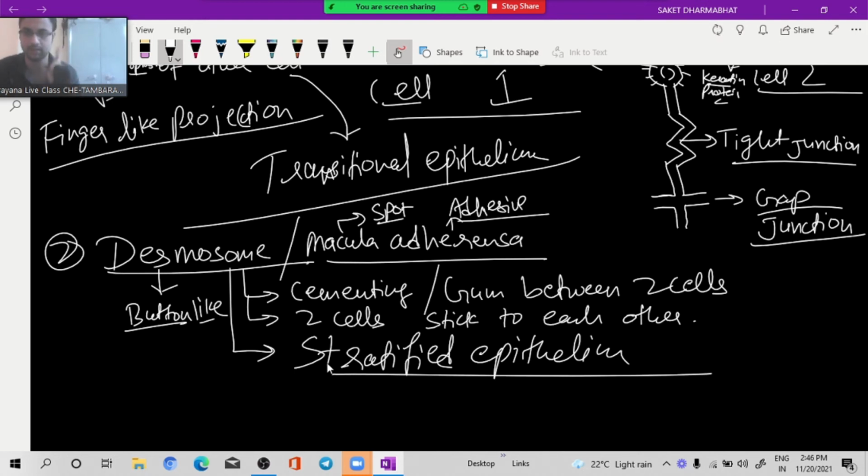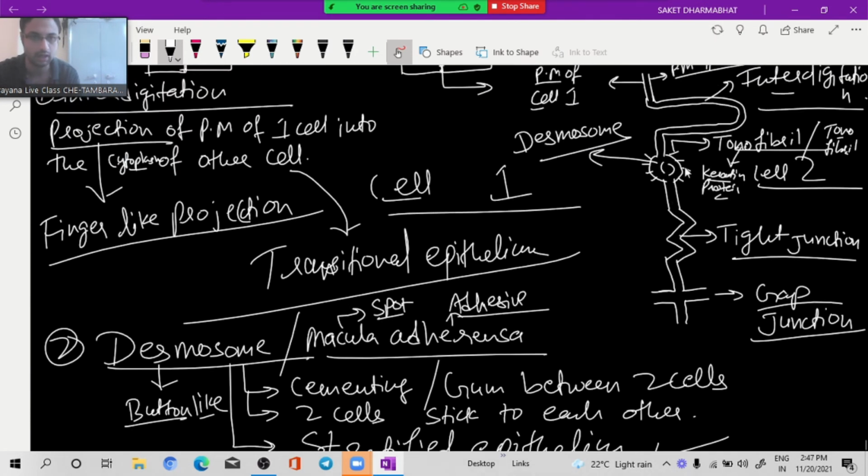In transitional epithelium, more interdigitation is found, whereas in stratified, desmosome is found. What is the use of desmosome? It keeps all the cells bound together. Student: Sir, adhesion is brought by the tonofibers. Yes, you are right.